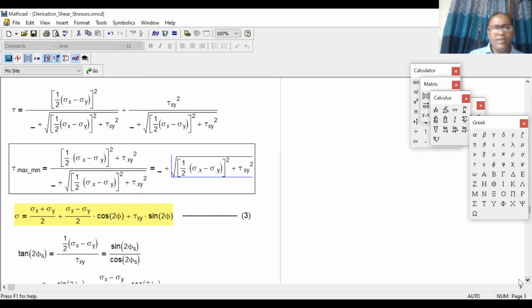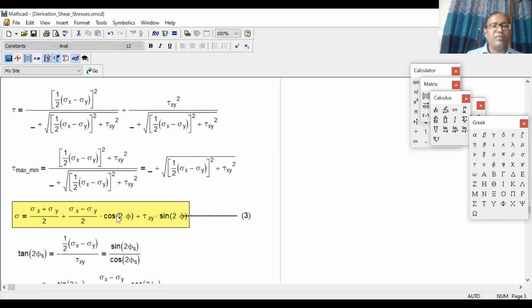Now you see, we need to figure out what is the value of sigma in that plane. It might be 0, it might be negative. If you put in the angle, you can figure it out. Say 2 phi p, you got 100 degrees. You put it right over here, you will get it. One will be 100, the other one will be 100 plus 180, that means 280, right? So you get sigma 1, sigma 2.